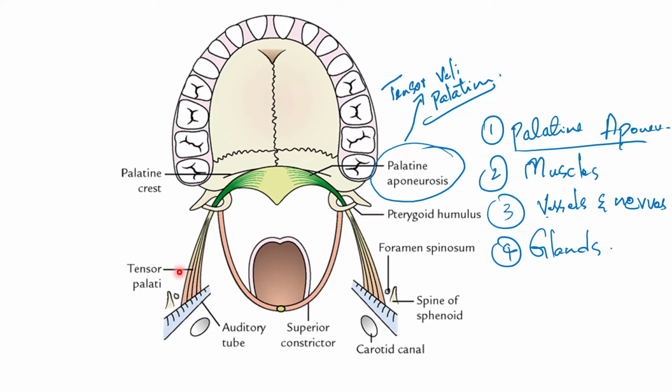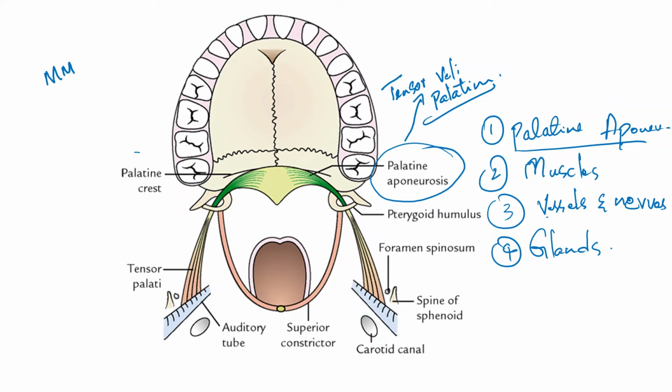So the palatine aponeurosis lies deep to the mucous membrane of the soft palate, and is mainly formed by the expanded tendon of the tensor veli palatini. On either side, the aponeurosis hooks around the pterygoid hamulus and later is continuous with the tensor veli palatini muscle. A very important point is that the aponeurosis receives the attachment of all the muscles of the soft palate.